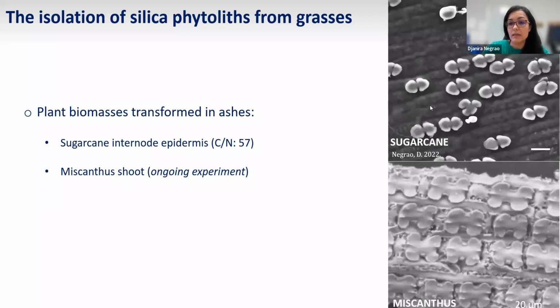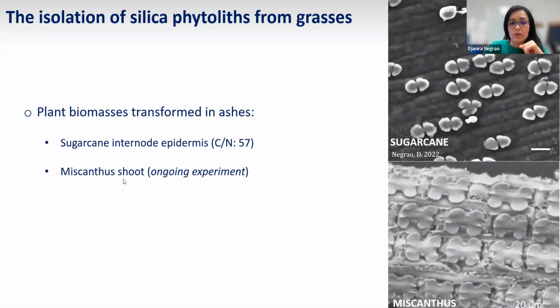So they last at high temperature. And this material I got from sugarcane internode epidermis. I use only the epidermis, which is rich in silica, phytoliths, and the carbon nitrogen ratio is about 57.